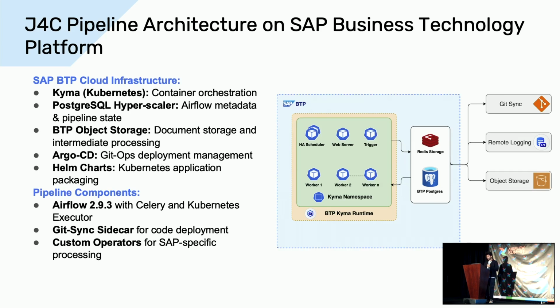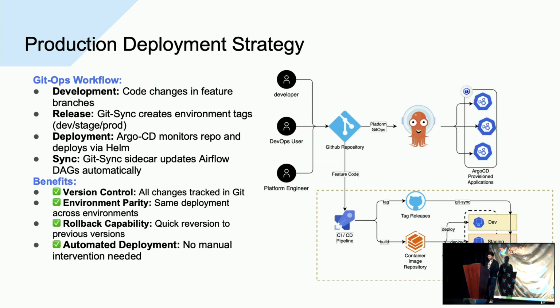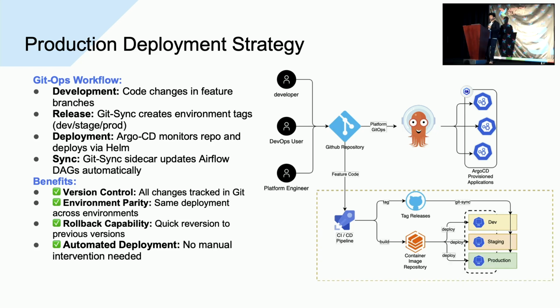So going forward, how do we manage this entire pipeline or entire platform in production? That was one of the main problems: how do we manage the platform itself, but the pipeline also, how do we allow whoever's working on the features.